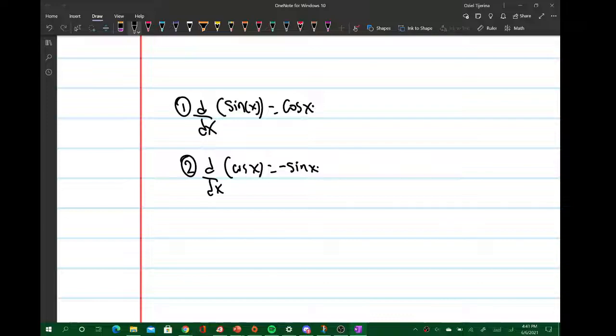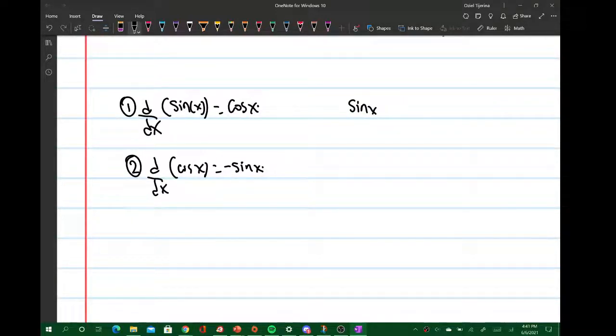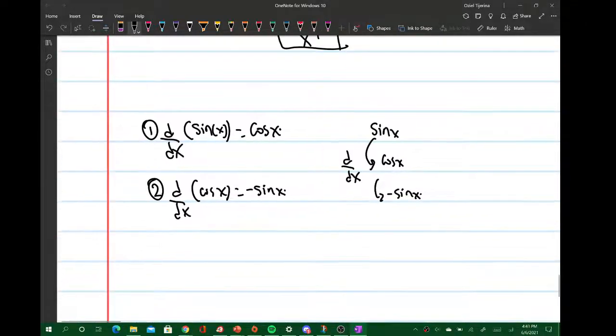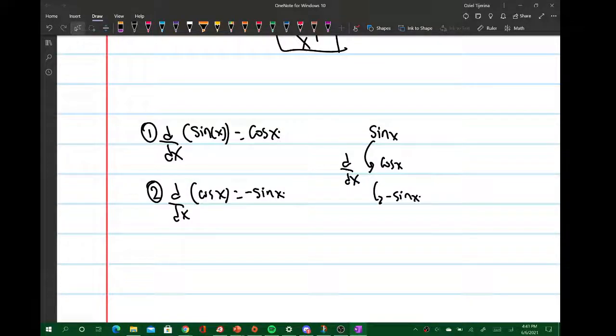So the way I like to do it is I say, okay, we have sine of x, the derivative of sine of x would be cosine of x, and then the derivative of that would be negative sine of x, right? So those are just two of them that I want to go over.